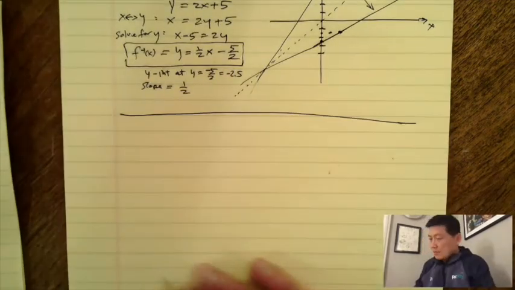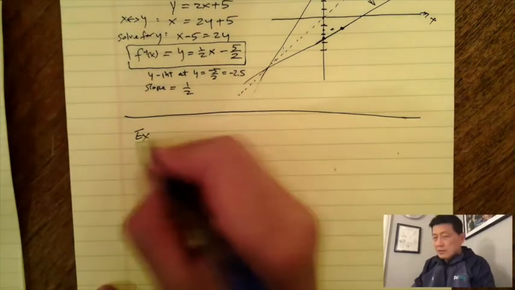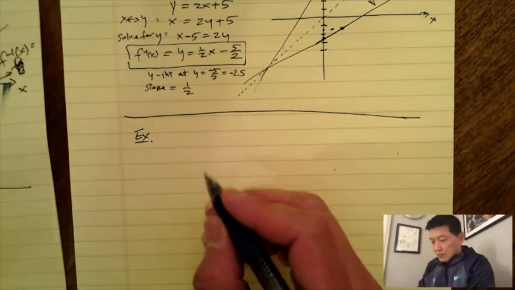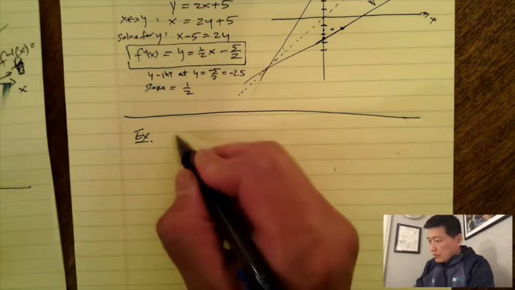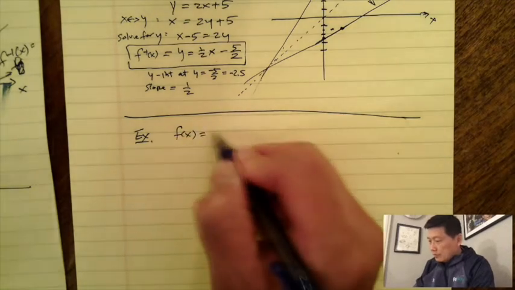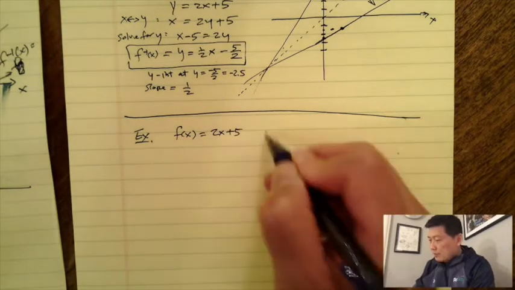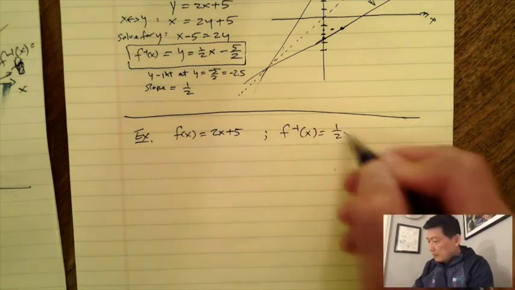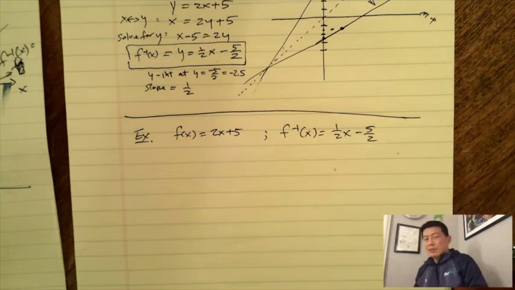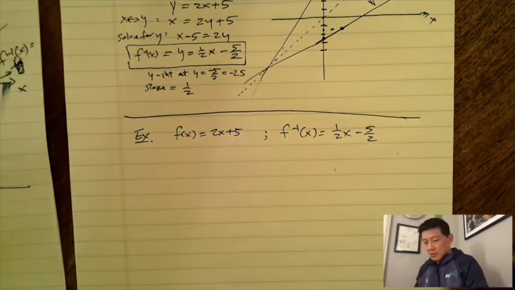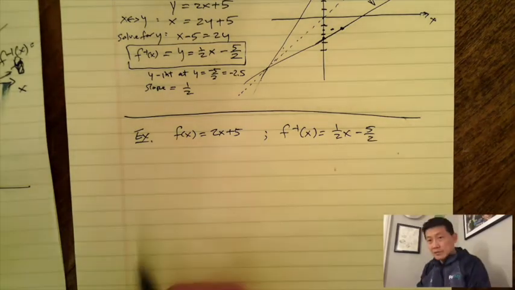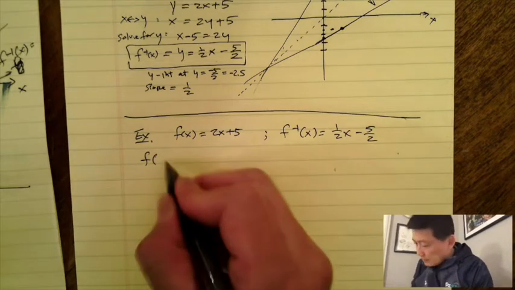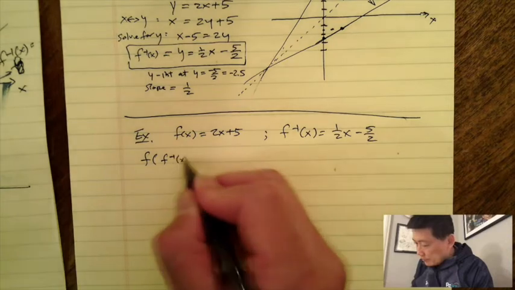Let's take a look at this. We just came up with f of x equal to 2x plus 5, and its inverse to be 1/2 x minus 5 halves, right? This is what we just came up with. So let's take a look at the composite function f of f inverse.